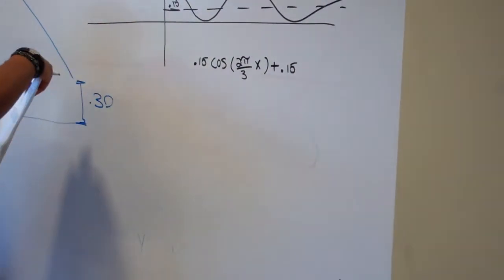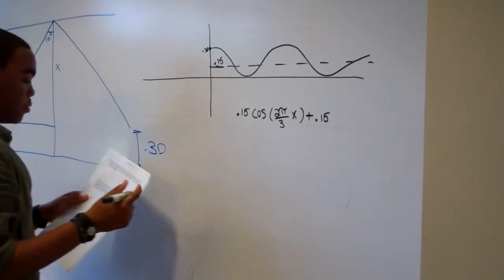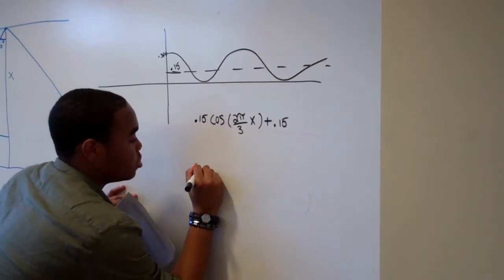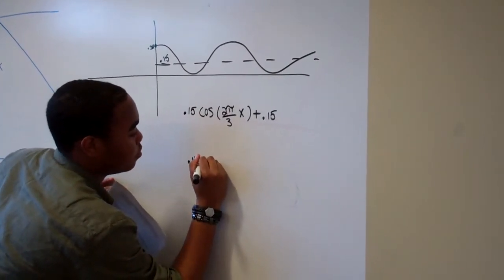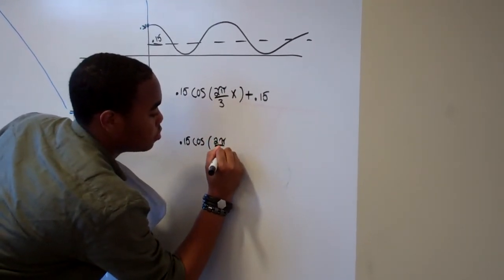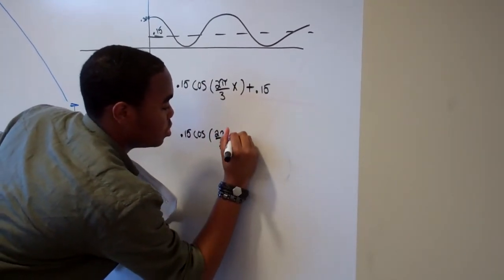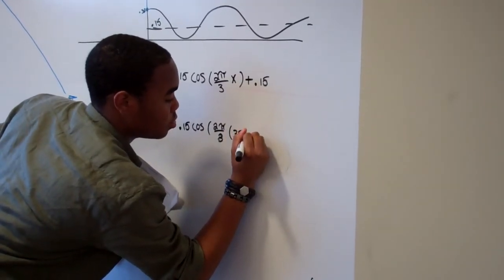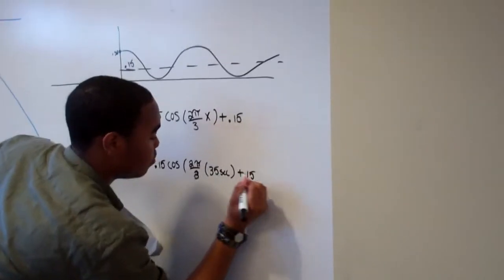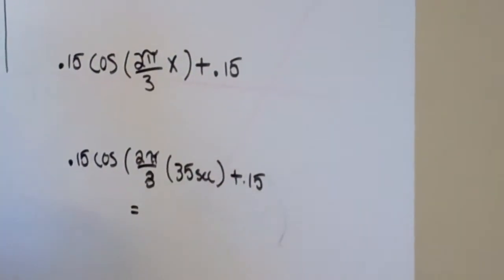Second part of the question asks, how high will the string be after 35 seconds? So if we plug 35 into our equation, 0.15 cosine of 2 pi over 3 times 35 seconds plus 0.15. So we get that.